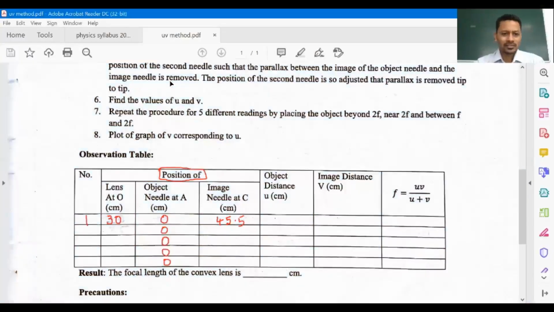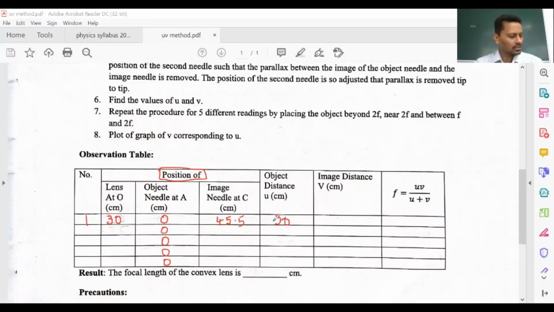Object distance is the distance between the lens and the object pin, which I get as 30 centimeter. If I solve this, I get this value as 15.5. This is my image distance.